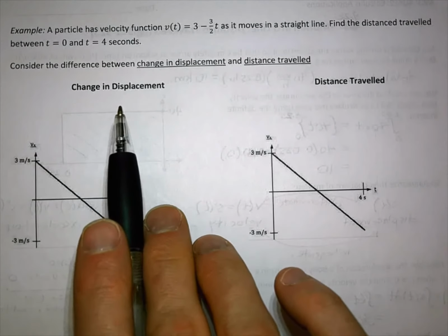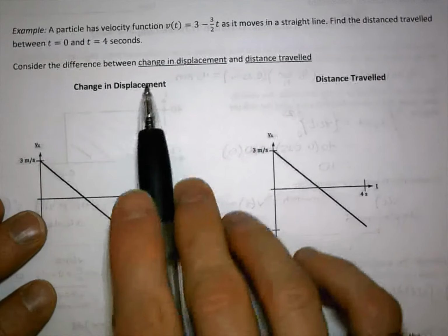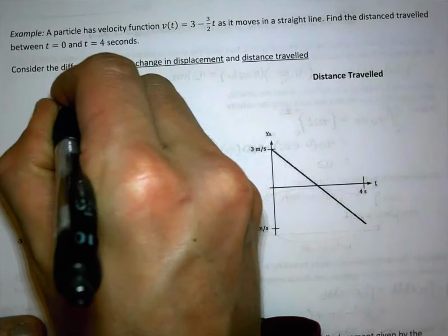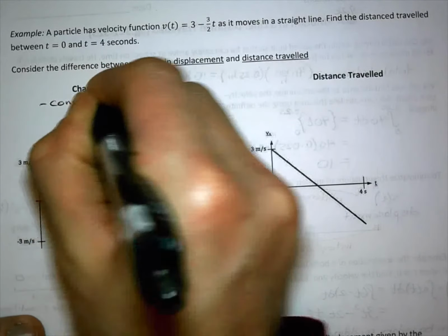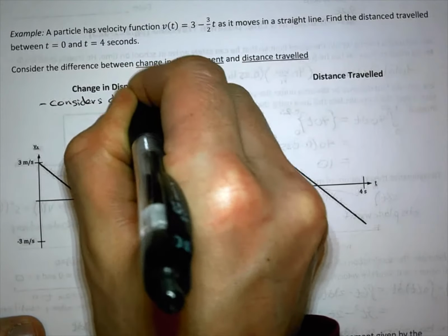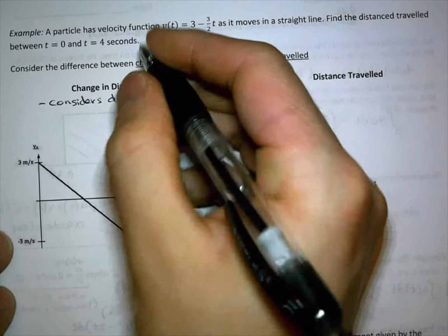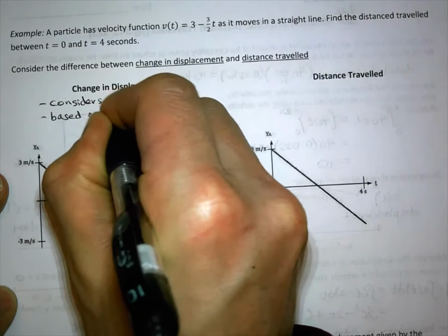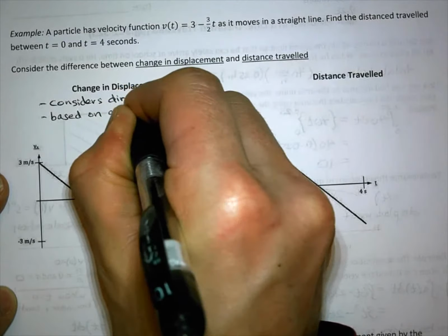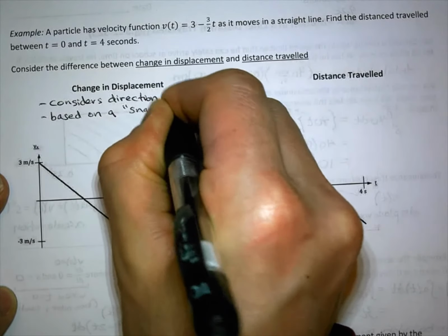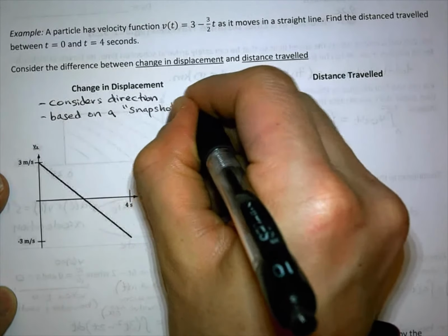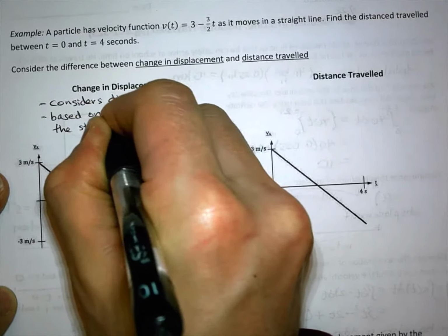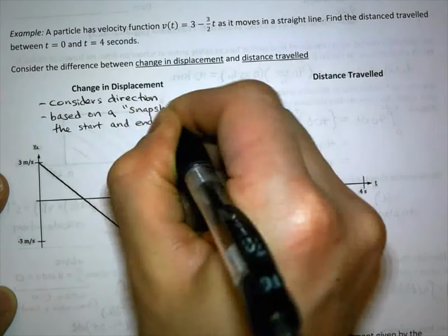Change in displacement considers the direction that you've traveled, based on a snapshot of the start and end points.